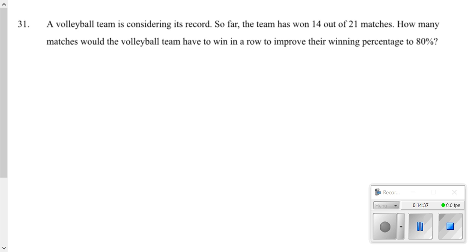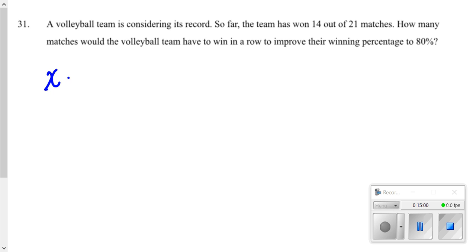They want to know how many matches they'd have to win in a row, of their next games, to get from where they are now, which is winning 2 out of 3, so 67-ish%. They want to get up to 80%. That's quite a shift. Okay, that's a lot of shift. But we'll just see what they have to do.